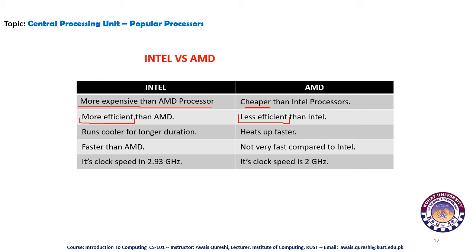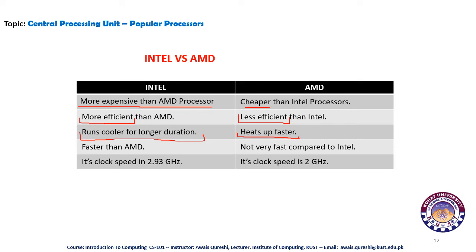The third bullet of the Intel is that it runs cooler for longer durations. This is a very good point, that when you are using Intel processors on a daily basis for longer durations, you do not get stuck with the heating problem of the processor as compared to the AMD processors, which heat up faster when you put heavy load on the processor.